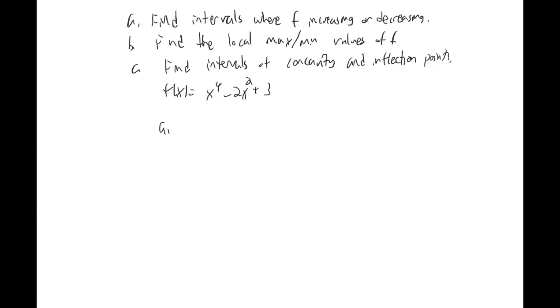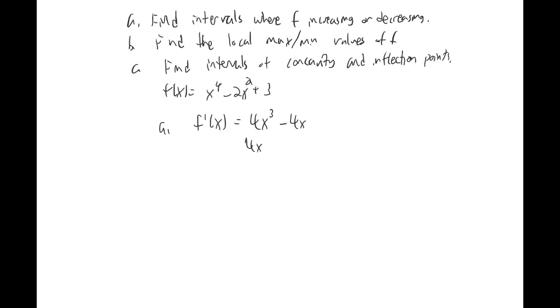Yeah, right. Again, f increasing means derivative positive. So let's take the derivative and check when it is positive and when it is negative. 4x cubed minus 4x. So this is 4x times (x squared minus 1).